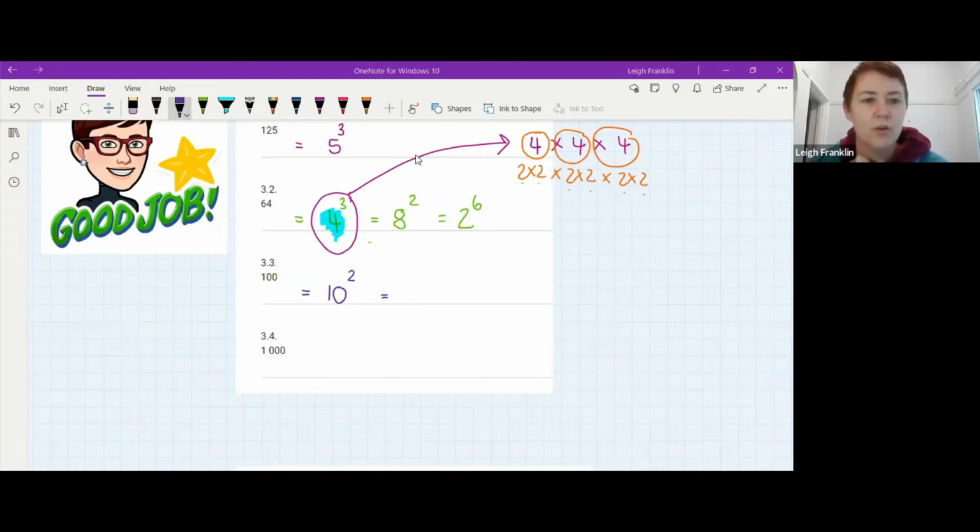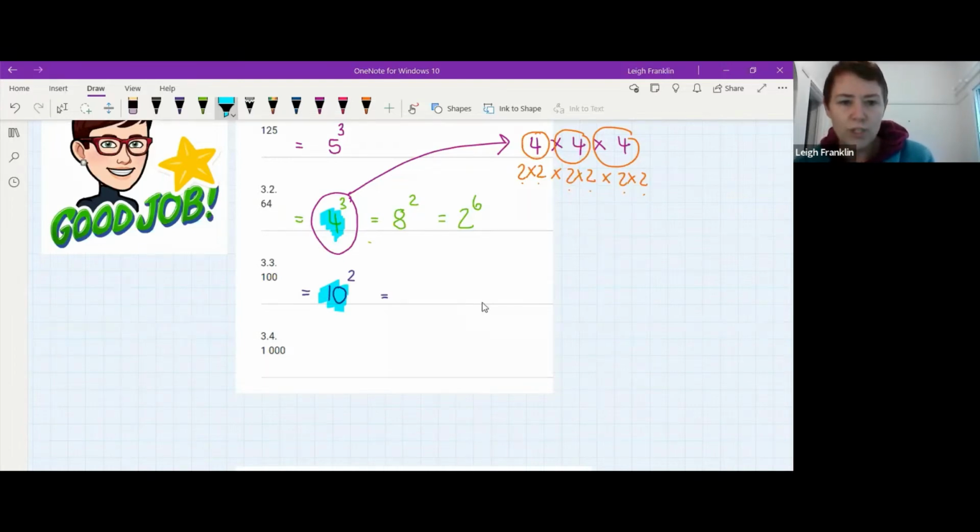Maybe Lesedi doesn't know. Karabo, do you know? Yes, ma'am. Okay, how else could you write 100 using base 2 and base 5? 10 times 10, ma'am. 10 times 10, but then you're still using a base 10. So what I'm saying to you, Karabo, is you need to change the base. You're not allowed to write 10 anymore. Just like in question 3.2, we could write it with base 4 or base 8 or base 2. I want to change the base.